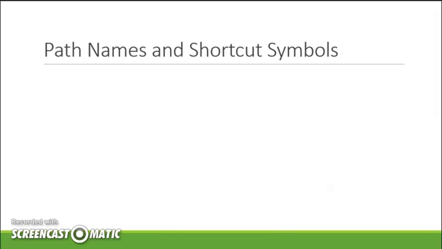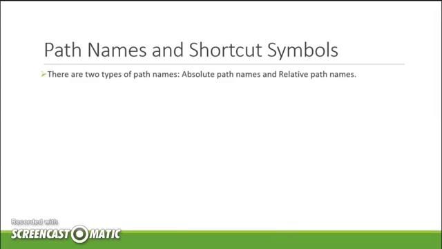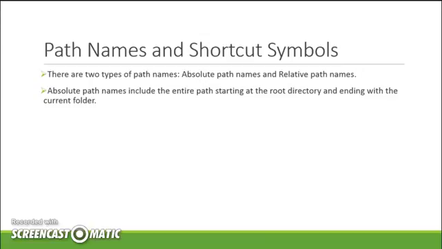Then we got path names and shortcut symbols. There are two types of path names, and depending on the program you're in is the path names that you should use when giving commands about these files that you're trying to access. There are absolute path names, and then there are relative path names. Absolute path names start at the root directory and they end with the current folder that you're in.